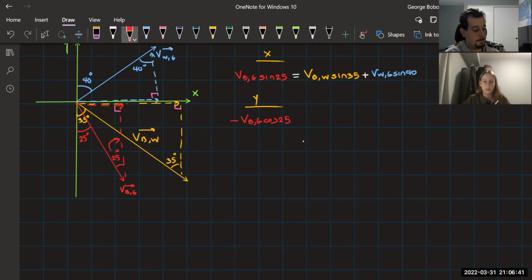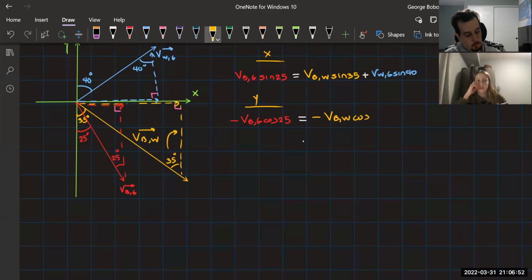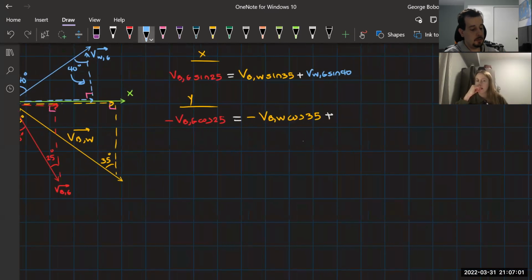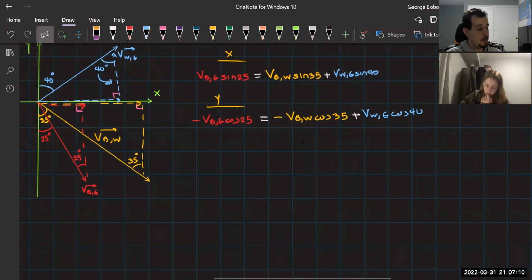Well, negative VBW cos 35 plus VWG cos 40. Okay, so plus VWG cos 40. I'm just checking. You're good. Okay, all good.